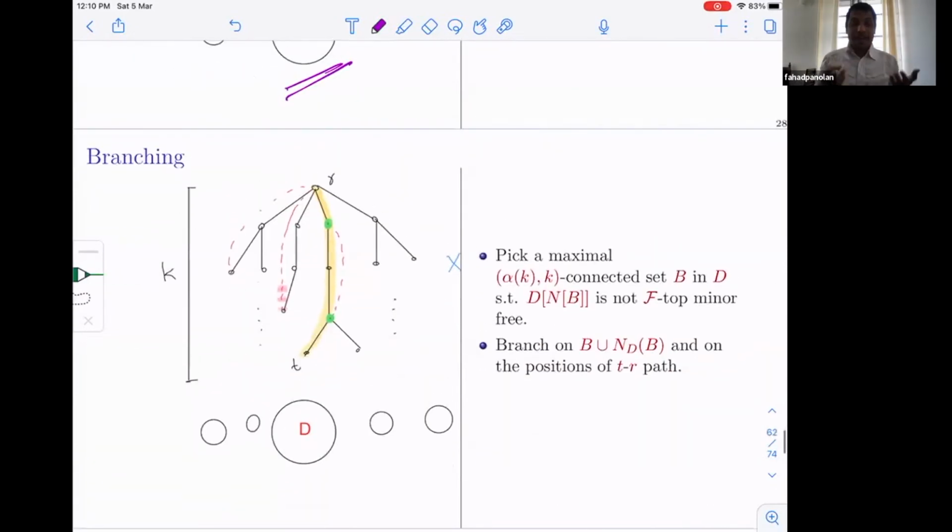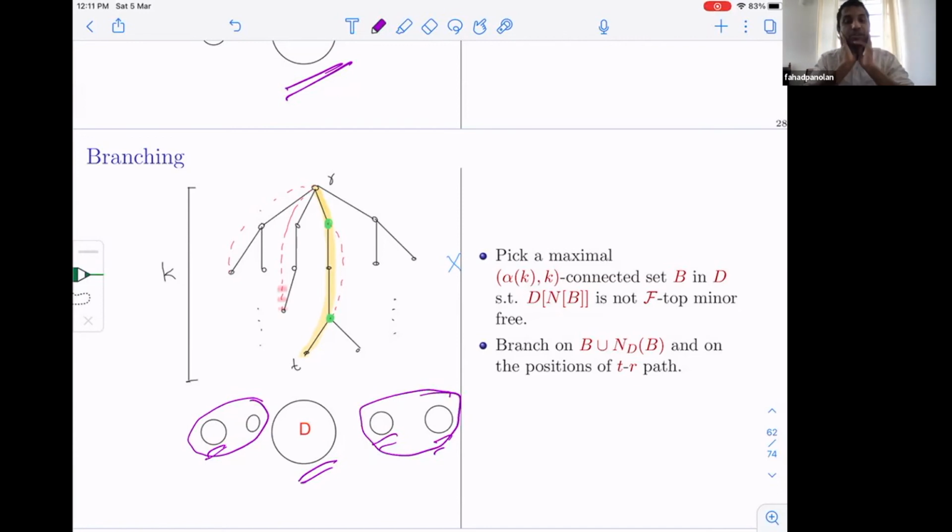You do this branching, and after exhaustively doing this branching, what you will have is that in this D, all the alpha k connected sets are F topological minor free. And all these small connected components here may not be F topological minor free, but the number of vertices here will be bounded by alpha k.